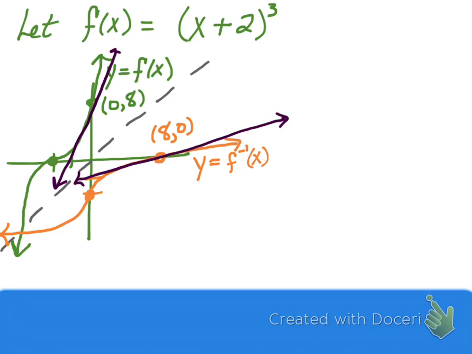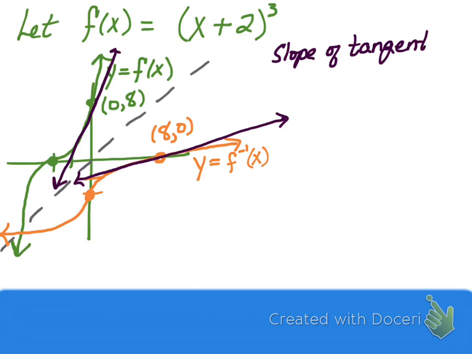Notice that both of these tangent lines have positive slope. This is always going to be true. And the slope on f at x at the point (0, 8) is fairly steep, and the tangent line at the point (8, 0) on f inverse of x is fairly flat.